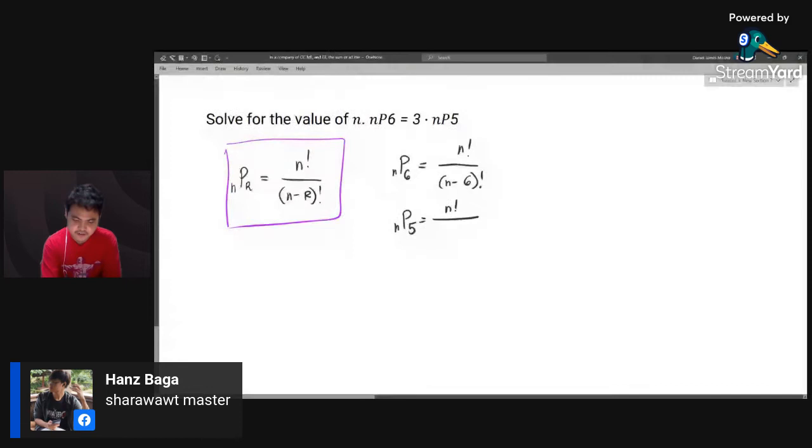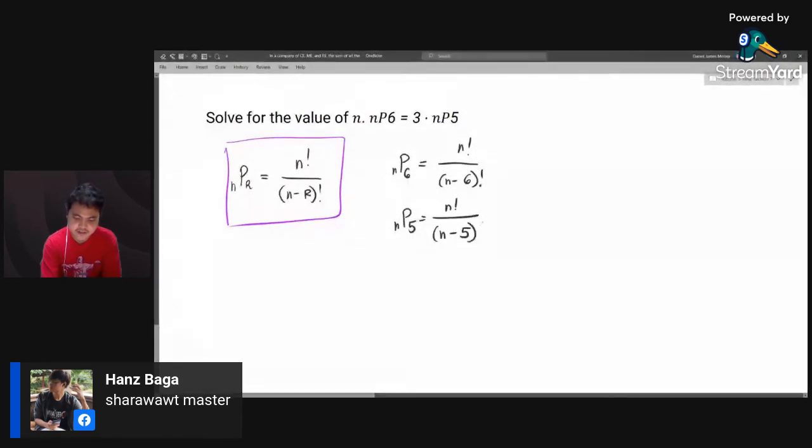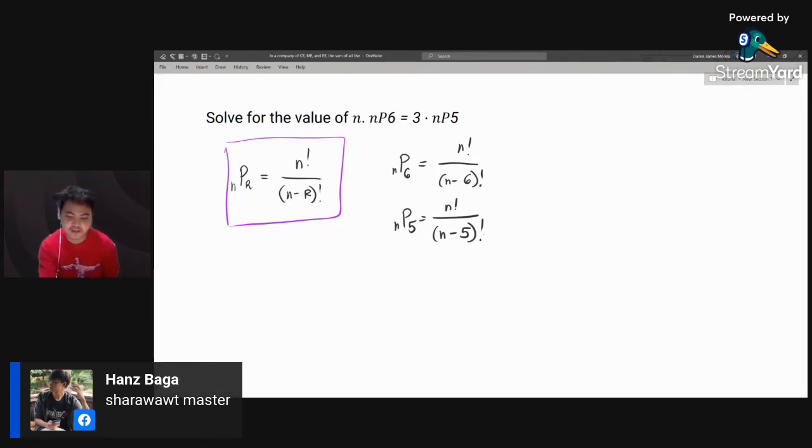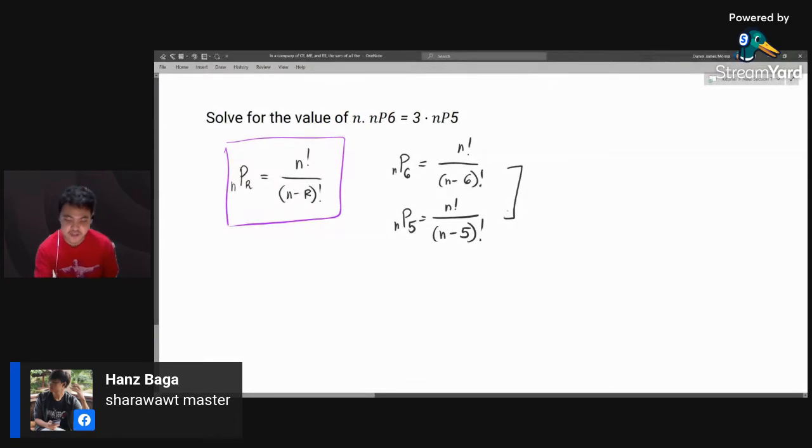Yan. n factorial over n minus 5 factorial. Di ba? So, I think pwede itong masolve yung variables kahit walang shift solve. Actually, hindi kaya ata ng shift solve to eh.